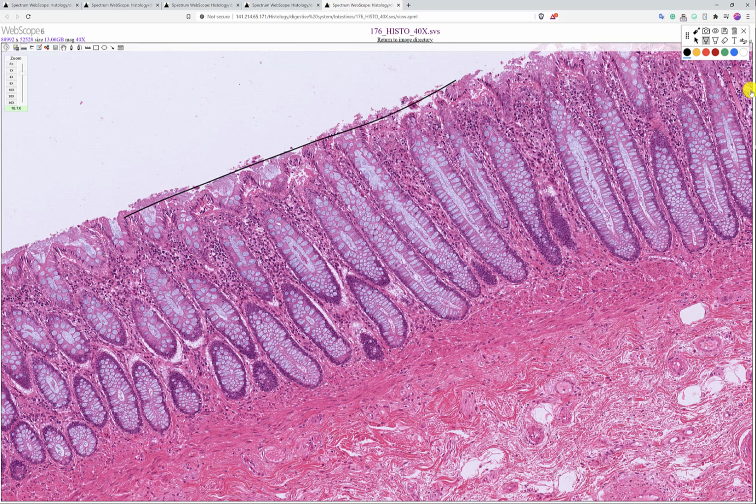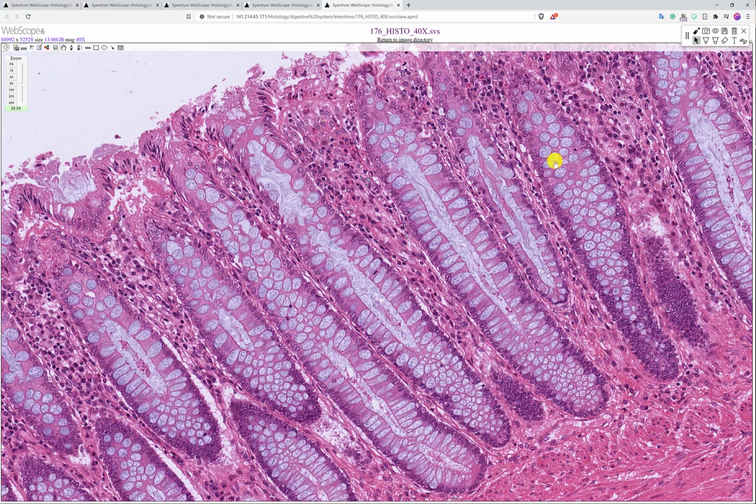So here the surface is almost at the same level, and this is a mark for the large intestine. Now the other mark is, if we zoom even more into these structures, we will see a lot of these cells. All of these are goblet cells. So with the large intestine, you will have a lot of goblet cells.